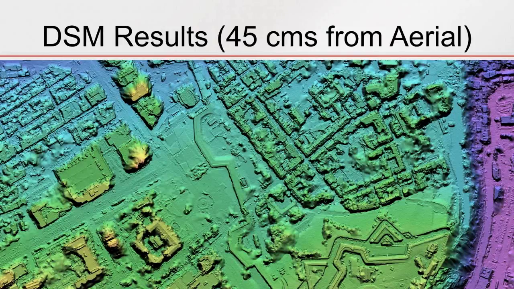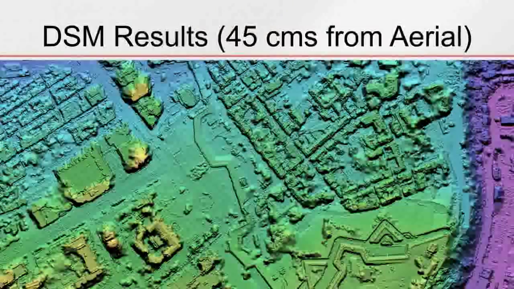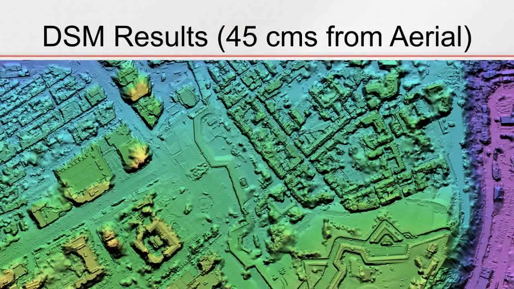This is not LiDAR quality, but it's definitely something that is high quality and does contain very good elevation information, and it can be leveraged. If you are in possession of existing stereo imagery, you can quite simply acquire our software and run your stereo imagery through it to derive this kind of information very easily.